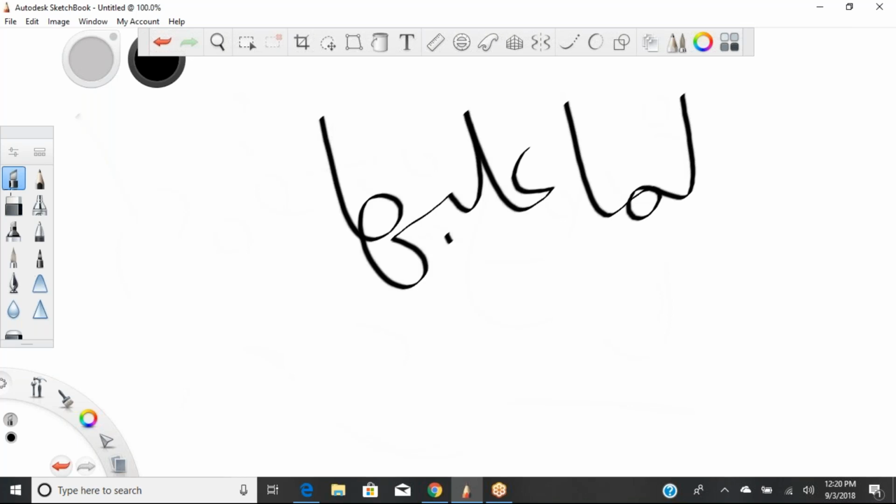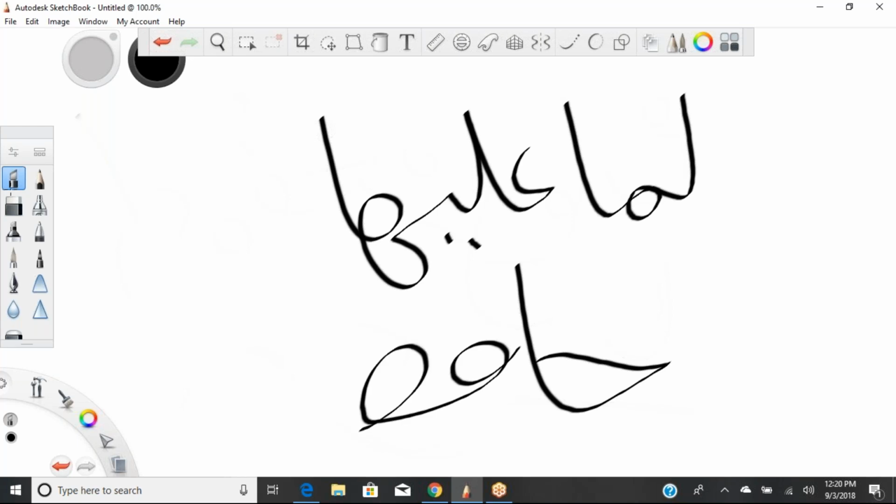Now, the fourth ayah of Surah Tariq, Allah says, "In kullu nafsin lamma alayha hafiz." Now you don't say lamma alayha hafiz.